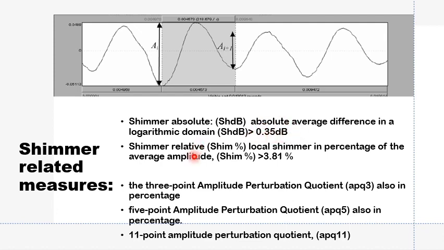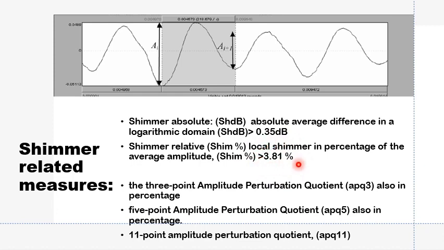The shimmer relative, which is used more, or the shimmer percentage, is the same shimmer absolute in relation to the average amplitude of the cycles in the same time frame. So if the shimmer absolute is divided by the average amplitude of the cycle in that time frame multiplied by 100, this will give the shimmer percentage, and the threshold for detecting dysphonia is anything above 3.81%.